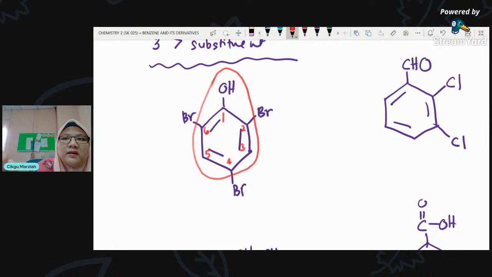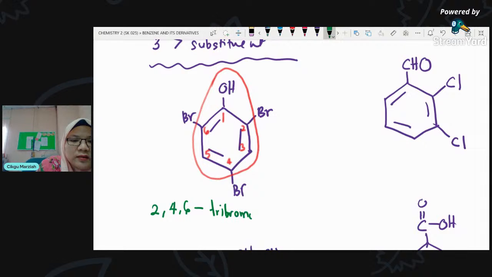So kita nampak we have at carbon number 2, number 4 and number 6 all are identical. Try bromo dia. Okay, try bromo sebab ada 3 kali. Phenol. PHE. 2, 4, 6 tribromo-phenol because phenol adalah parent.